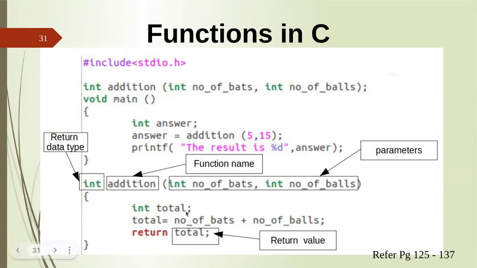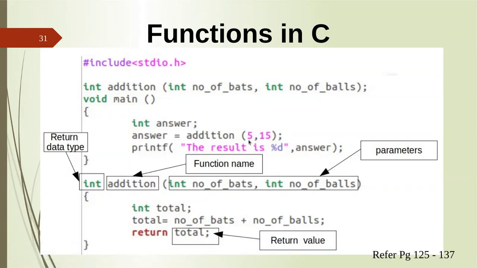And then inside this function, we declare a separate variable, total. Here we calculate the total number of pets.